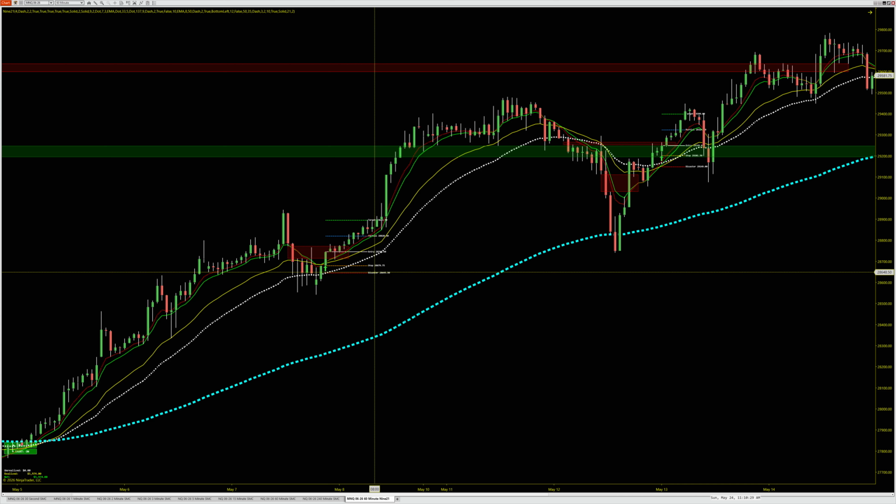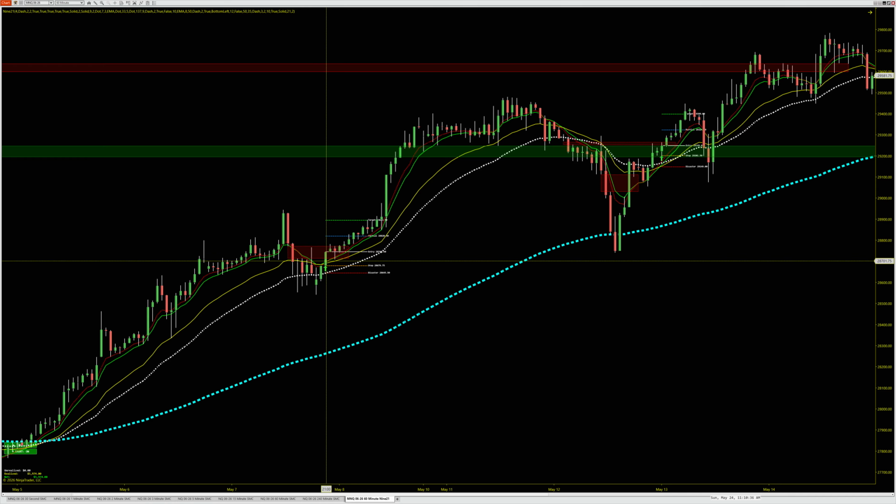Now, where would that be helpful? That would help if this happened to be a big signal candle, where the stop would be, let's say this candle was way down here, and our entry was still here, but it was a big candle down here. Well, our hard stop would be down here, which would exceed maybe what we'd want to risk on a trade.